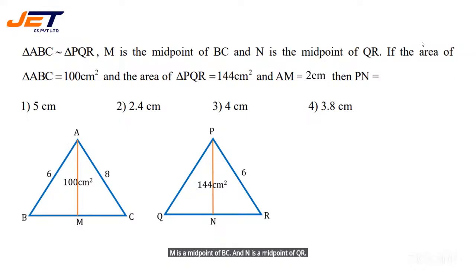If the area of triangle ABC is equal to 100 centimeters square and the area of triangle PQR is 144 centimeters square and AM is 2 centimeter, what is PN?